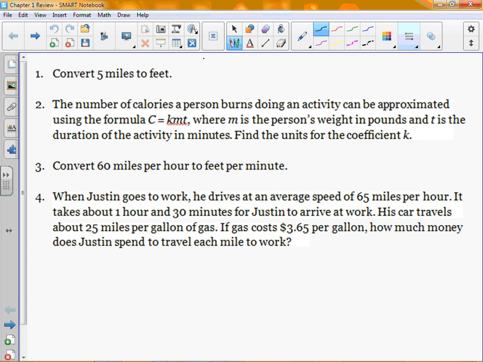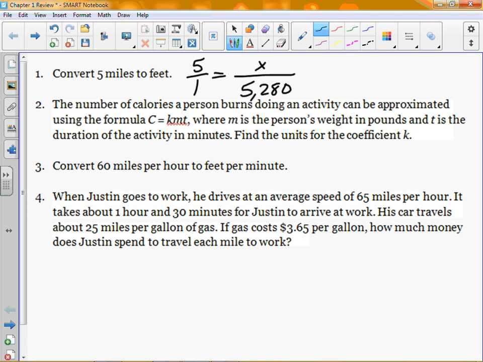So I got 5 is to 1, and you may not set it up like this. So 5 miles is to 1 mile as X feet is to, you have to have feet on the bottom there. Anybody know how many feet are in a mile? You're going again, 5,280. There's 5,280 feet in a mile.